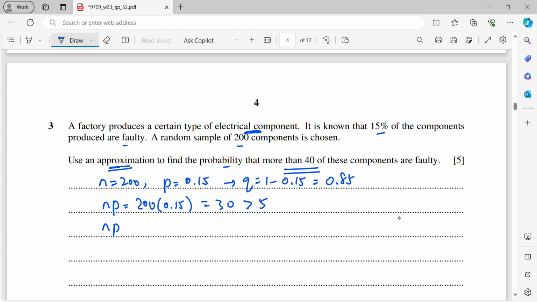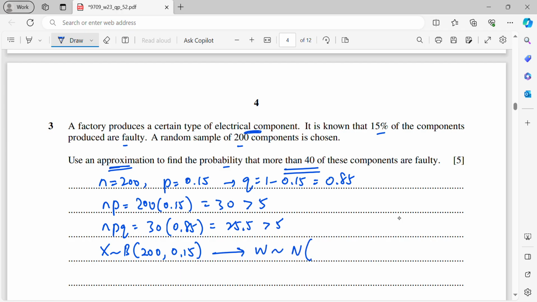Now the npq, it will be 30 times 0.85, and then you will be getting 25.5, and again this is more than 5. Then from here I know that when X is binomial distributed with n 200 and p 0.15, it will be approximated to a normal distribution with the mean of 30 and the variance of 25.5.